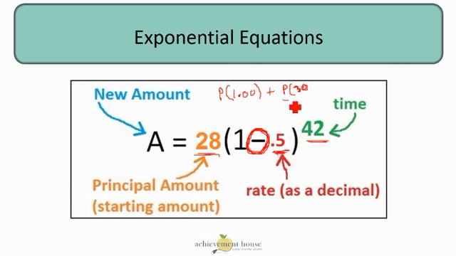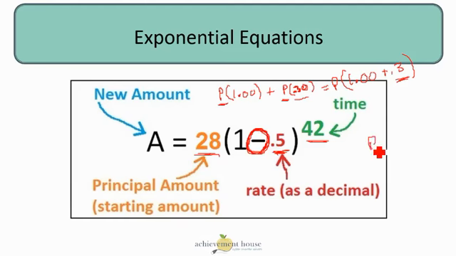So what I started with times 30%, which I'm going to write as a decimal, 0.30. If I factor out the common term here, which is the principal, I'm going to get P times 1.00 plus 0.3. And that is exponential growth. It's 1 plus my rate.